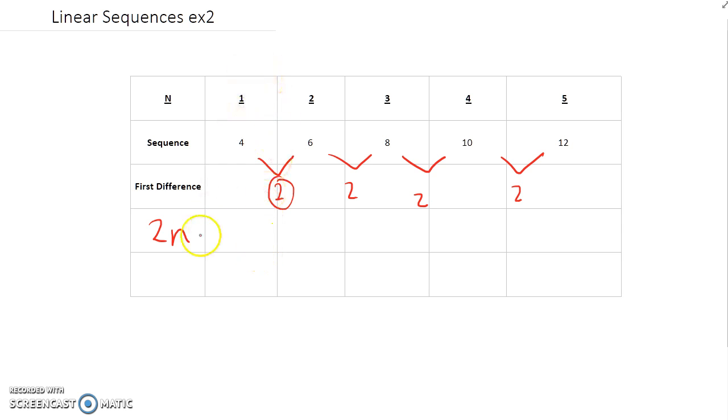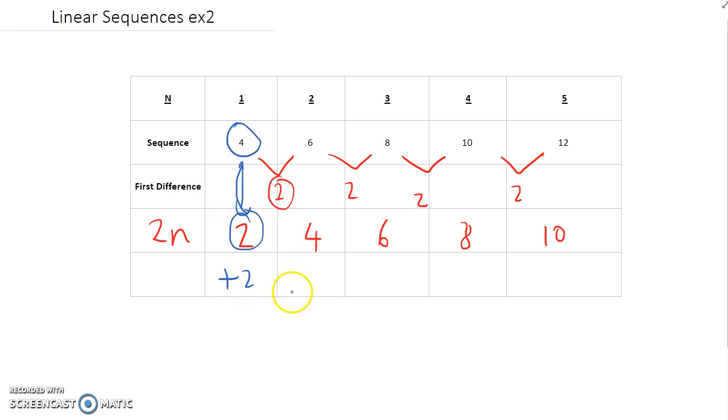Now I'm going to quickly calculate this 2n value. 2 times 1 will be 2. 2 times 2 will be 4. 3 times 2 will be 6, then 8, and then 10. The reason I've done this is, again, I need to check the difference between the sequence I've got with 2n and the given sequence.